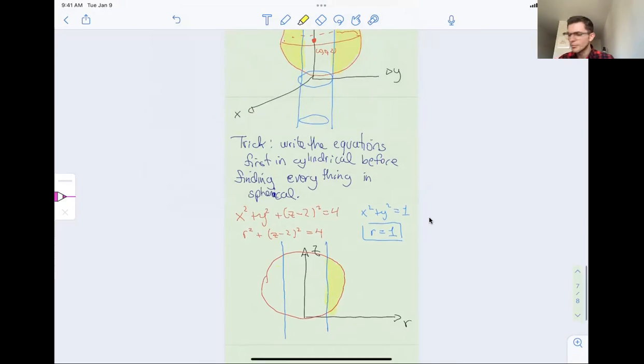And maybe it's more obvious what we're looking at, because the region of integration is just this yellow cross section that you spin about the z-axis by 2 pi. Is that making sense?